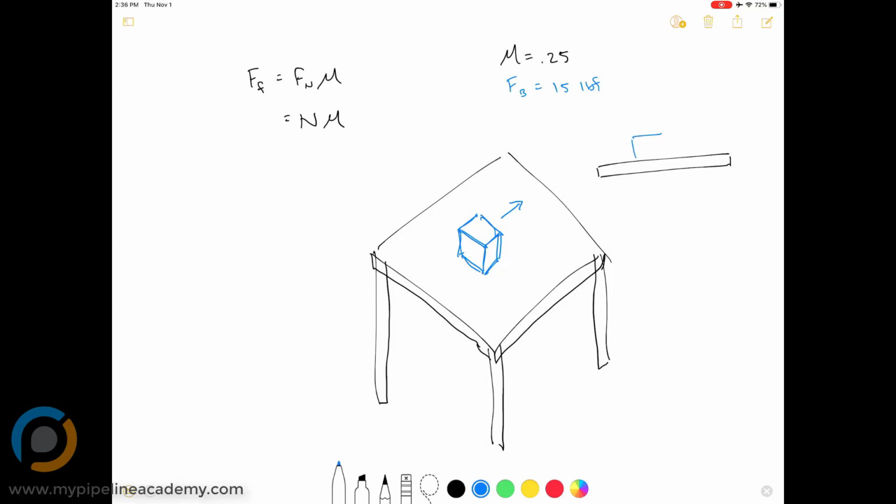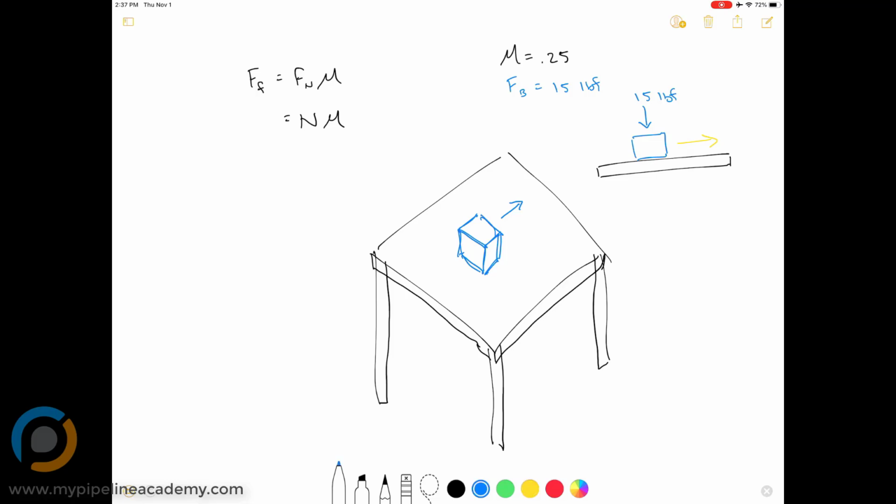So if we were to look at this straight on, we've got the surface of our table here, and we've got a box right here. We know that the weight of that box is 15 pounds of force, and we want to slide this box in that direction across the table.